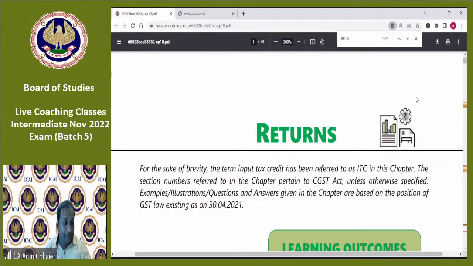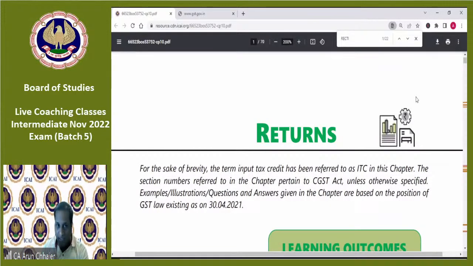Can you please tell me which information we are entering in the consolidated manner in the GSTR1? We have discussed one or two pieces of information that are entered in the consolidated manner, not invoice wise.